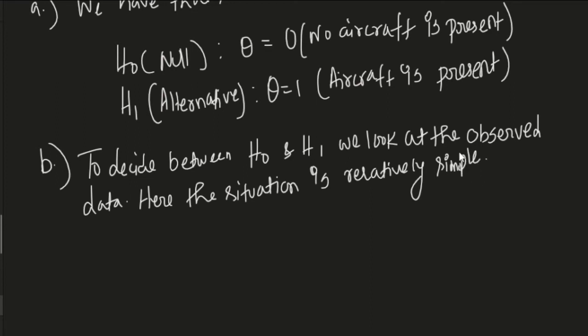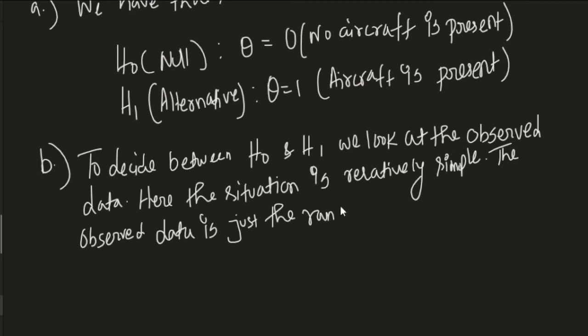The observed data is just the random variable X, right? The observed data, random variable X, under H0.